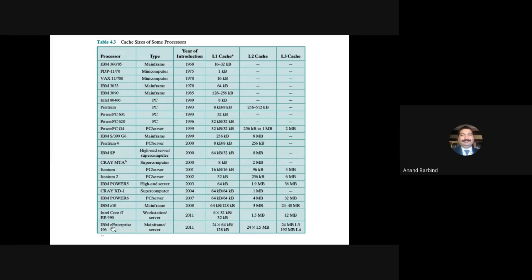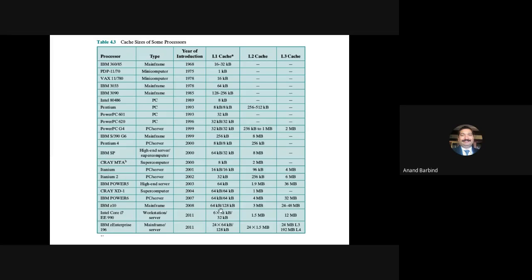but the L2 cache and the L3 cache are in megabytes or gigabytes. So for this particular server, this is in 2011. This is the cache being used there: L1 cache, 128 kilobytes; L2 cache, 24 into 1.5 megabytes; and the L3 and L4 cache, that is 24 megabytes and 192 megabytes.